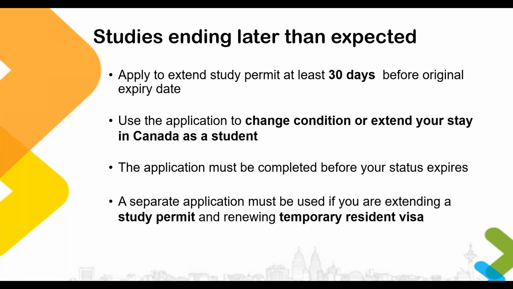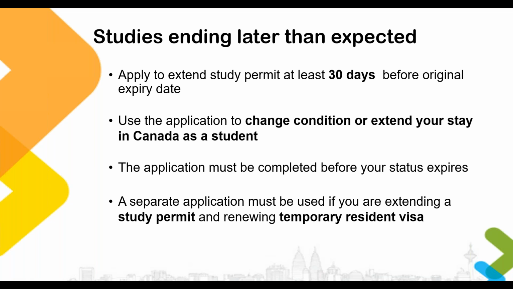A separate application must be used if you are extending your study permit and renewing your temporary resident visa. So let's just put this into context for you. If you are here in Canada and you need to both extend your study permit and renew your temporary resident visa, you must submit separate applications for the new visa and for your study permit.